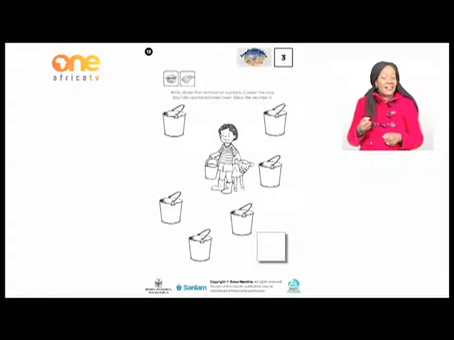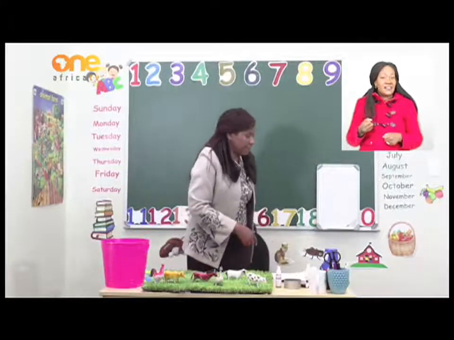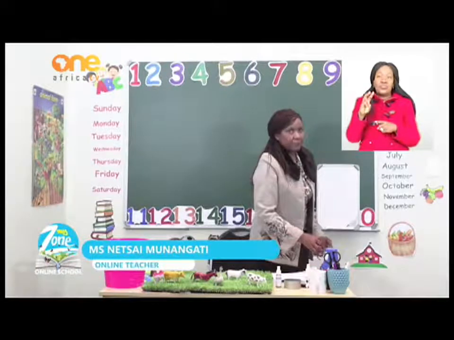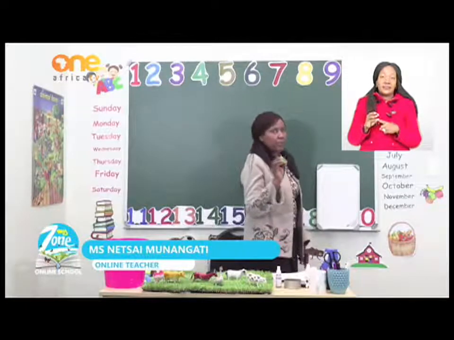Let's move over to the board. We need to practice once more how to count up to 7. I will be picking up the magnets from my table and placing them on the board.